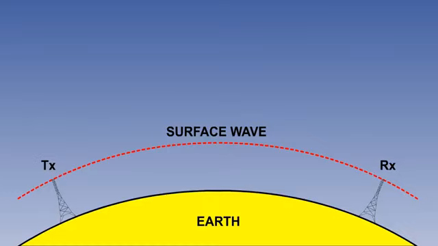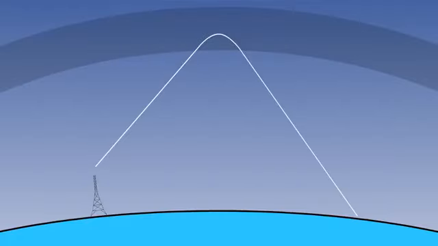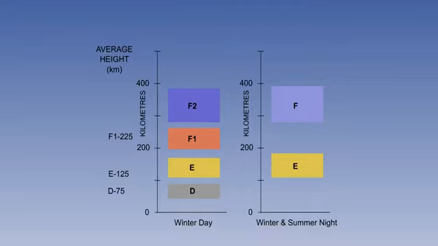Let's recap what we have learned in this lesson. Radio waves are transmitted either as ground waves, which can be surface waves, or space waves, or sky waves. The ionosphere is composed of 3 layers, D, E, and F, which is divided into 2, F1 and F2. These layers refract radio waves back to Earth.